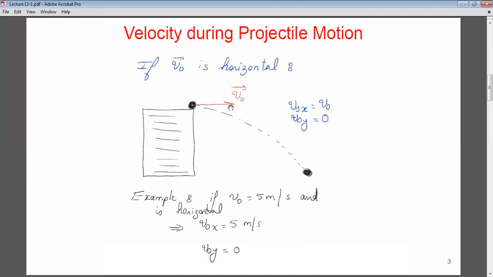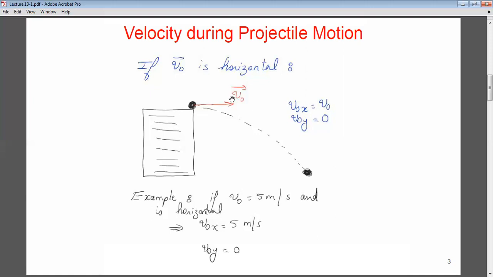If v initial is horizontal, then the x component is all of the v initial, because it's all on the x-axis. However, the y component is 0 because it doesn't go up or down. Look at the red vector. It's just going to the right.